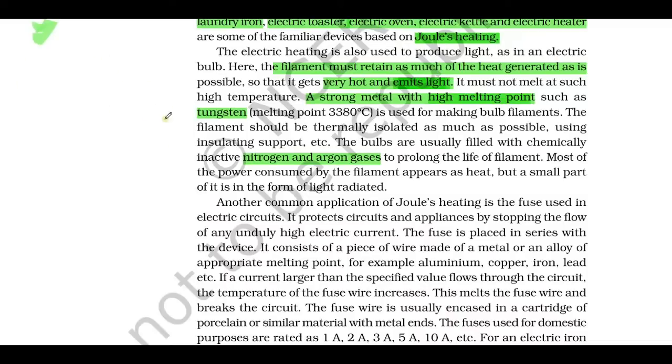The answer is that nitrogen and argon gases have a completely filled, stable structure, and they do not react with any other metal or non-metal, hence they are used with the filament. These gases do not react because their valence shell is completely filled, an octet structure.